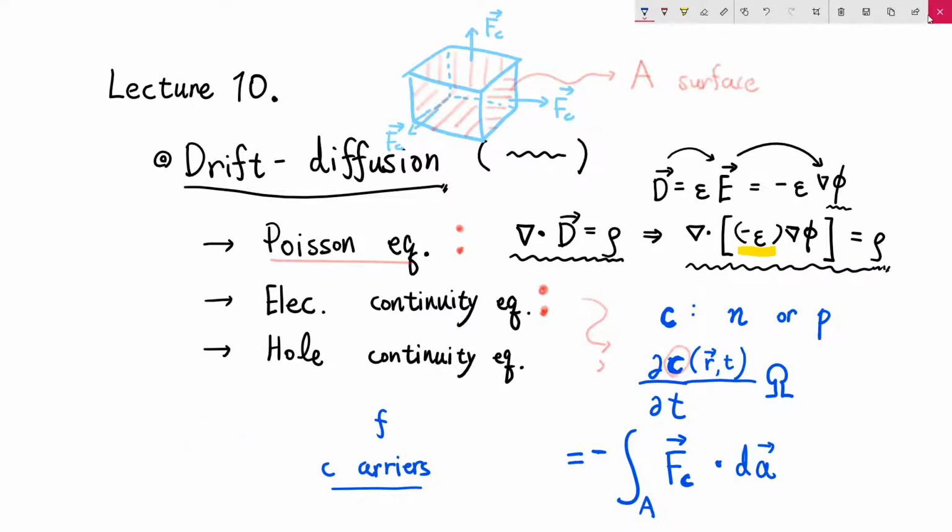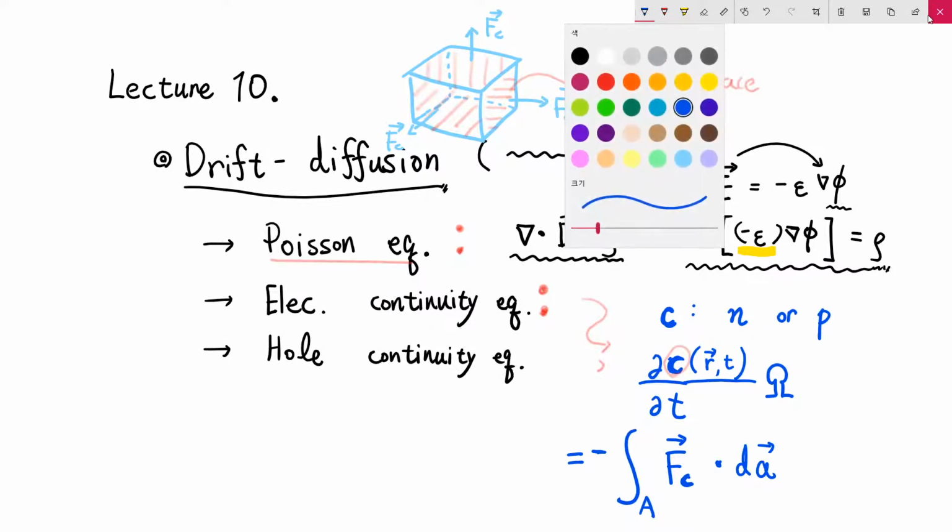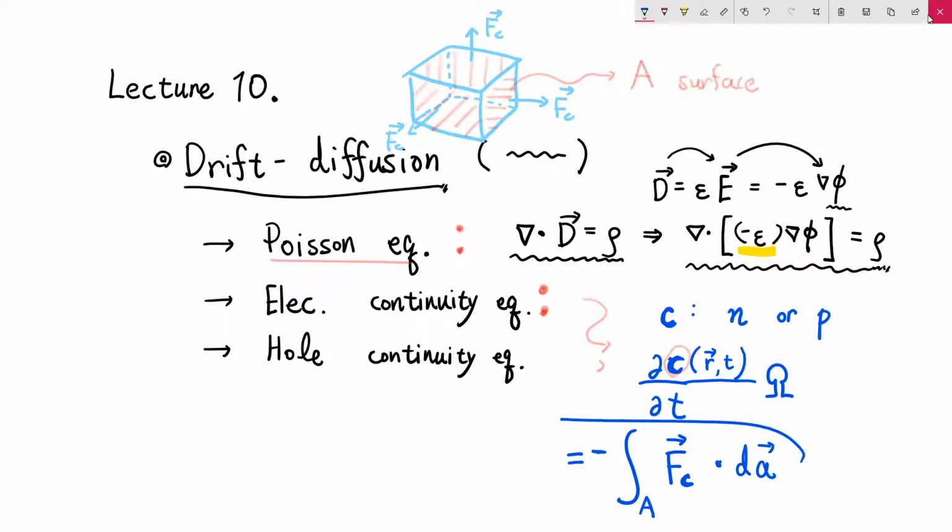Okay, so simply speaking, this will be the general form of our continuity equation. Then you know that we can make a little further manipulation. So how can we manipulate them? Let me just follow a little further. Now we have a surface integral of certain quantity.